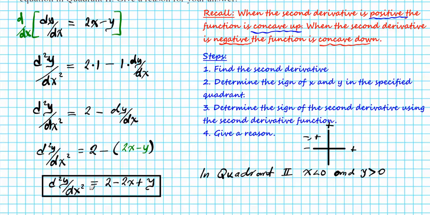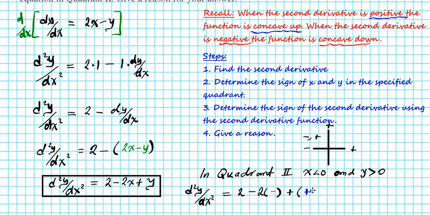So how does this impact the sign of the second derivative? So d²y/dx² is going to become 2 minus 2 times. For every x in the second quadrant, we know it is going to be a negative number that will be inputted here. So we're going to put minus, okay, a negative number, plus the y substitution, y is always going to be positive in quadrant 2, okay?